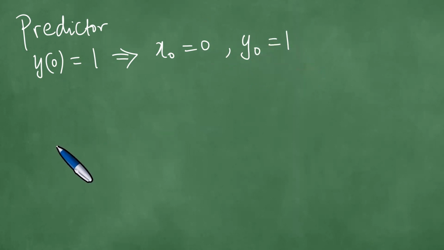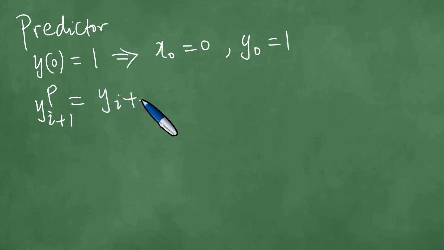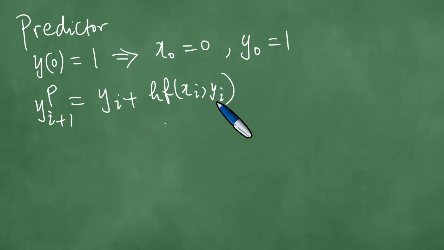And now we're going to look at the predictor. Like we said, the predictor is given by yi + h f(xi, yi). This is Euler's formula.